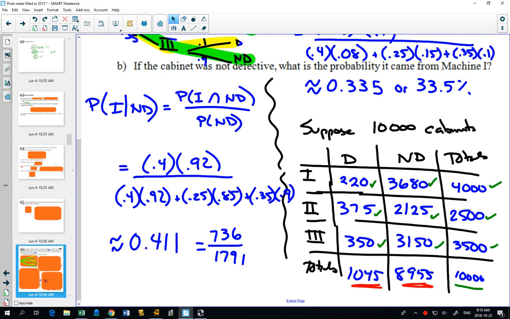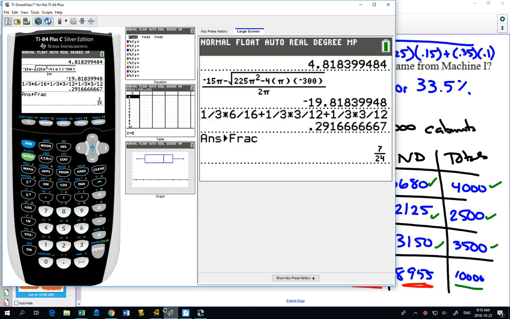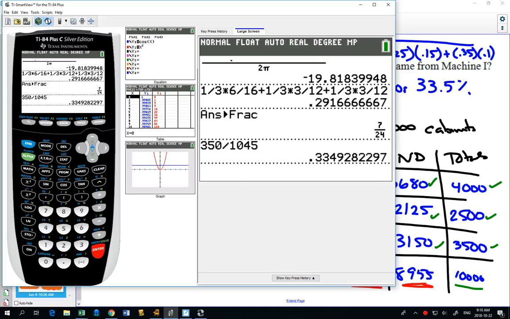Machine 3, there was 350 defective ones out of a total of 1,045. If we take 350 divided by 1,045, let's check how close it comes to that number that we had before. And for our second question, probability, oh, here, it's ready. So 350 divided by 1,045, 33.49, exactly the same number that we would have gotten from our first question.